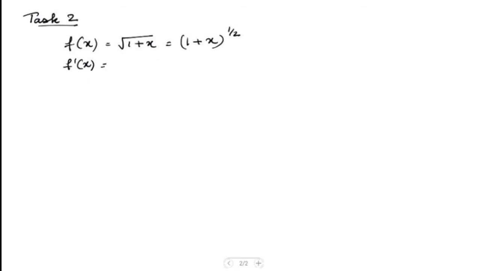If you find the derivative, the half will multiply in front, so we have 1 half times 1 plus x to the power half minus 1, which is minus half, and this can be written as 1 over 2 times root of 1 plus x.